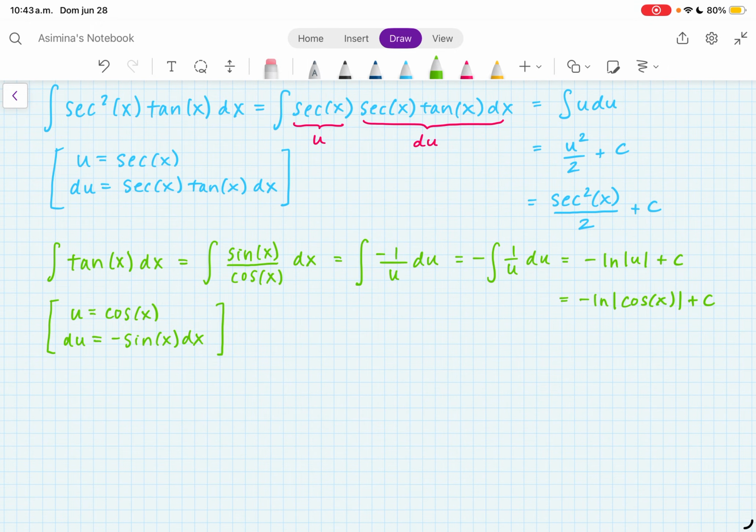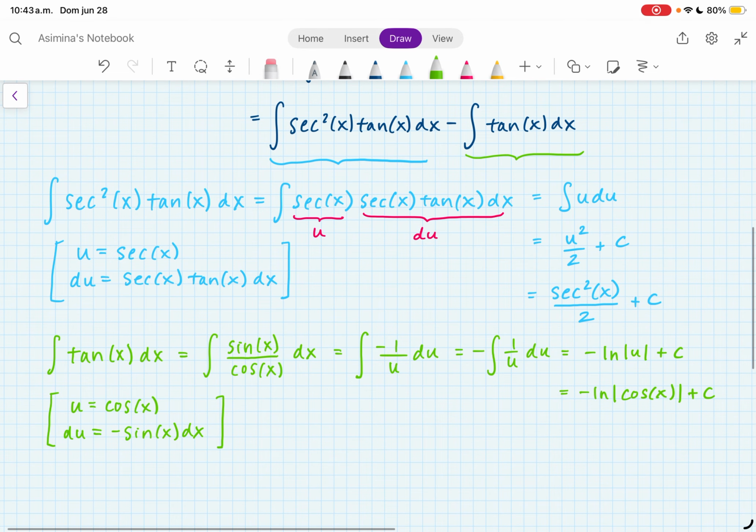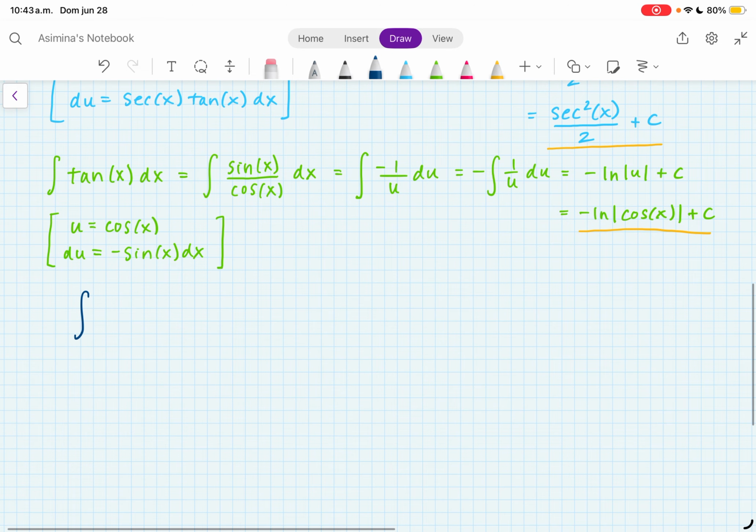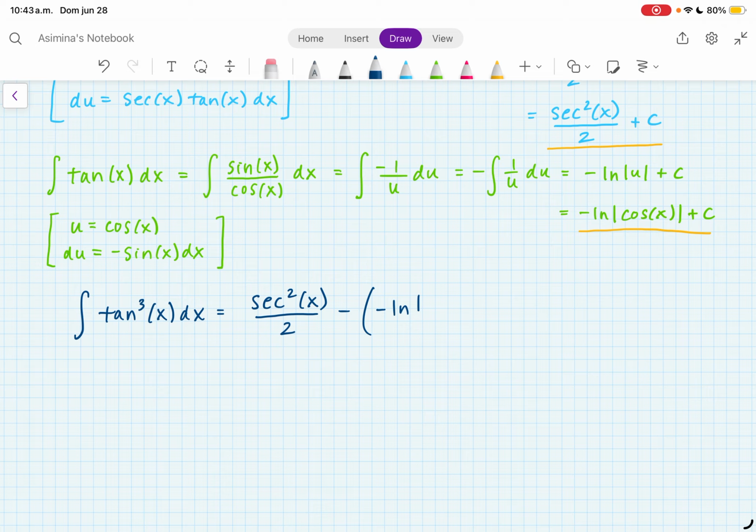Great. So now I have these two integrals. The first integral gave me secant squared x over 2 plus c, and the second integral gave me negative ln of cosine of x. So putting this all together, I get that the integral of tan cubed x dx equals the first integral we evaluated, secant squared x over 2, minus the second integral, which was negative ln cosine of x.